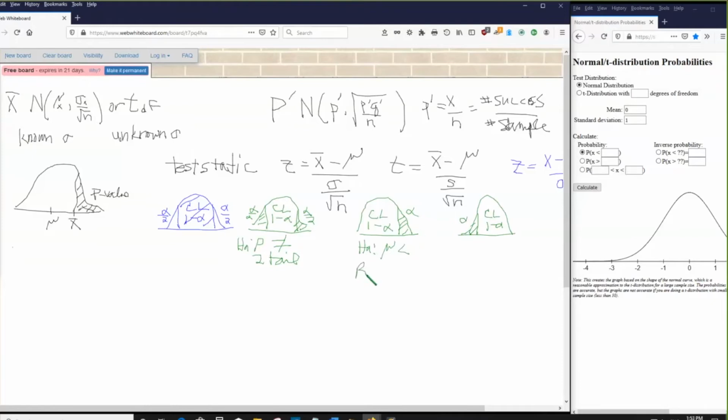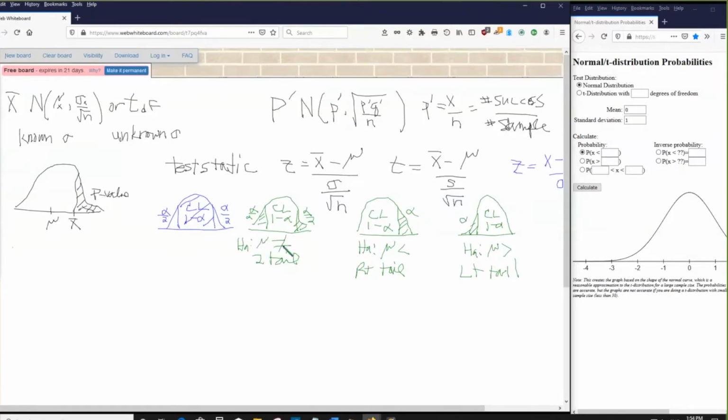This would be a right-tailed test. Then if your HA, your alternative, has your mean being greater than some number, this is going to be a left-tailed test. And I'm going to change the P to a mean just to keep all of this notation the same.